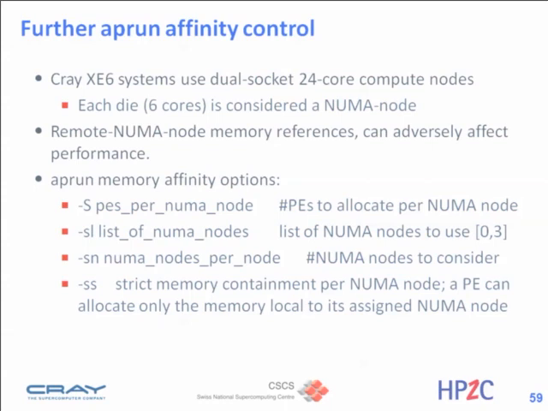Another interesting option is this, -ss. By this, you force the application to use only the memory that is available on the NUMA node. NUMA node in this sense is the socket, this die, this 6-core die. So by using this option, you avoid one core accessing memory which is allocated on the other node, on the other socket in the node.